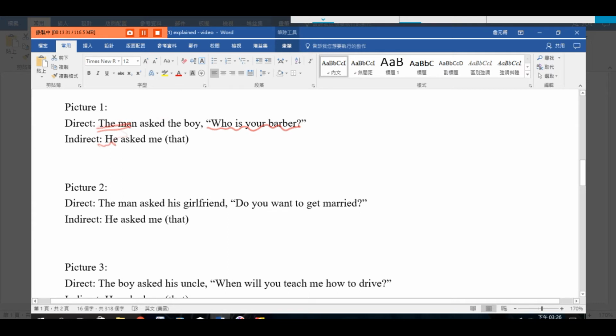Two things we have to pay attention to. First, the order of words, subject before a verb, and then secondly, we have to go back in time. So who, okay, now, the subject of the sentence is over here. Your barber, that's the subject. So, who your barber. Now, it's not is.